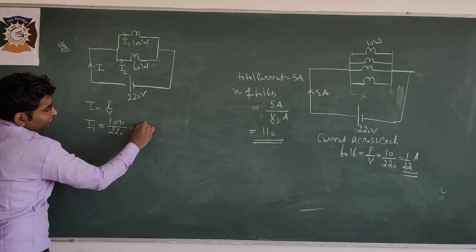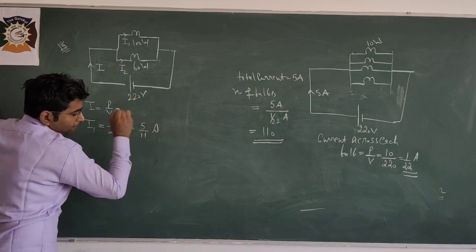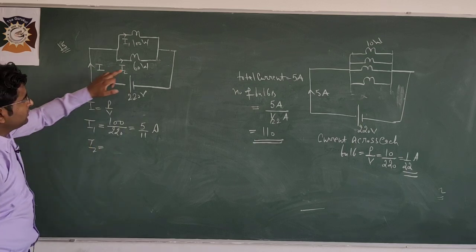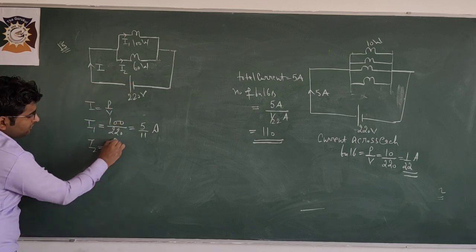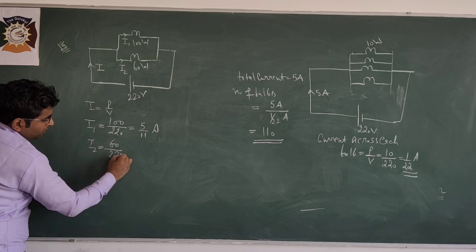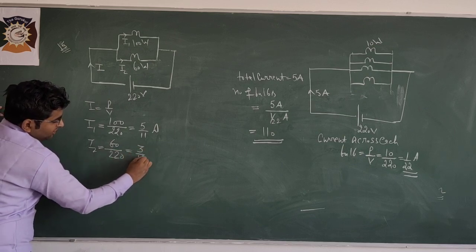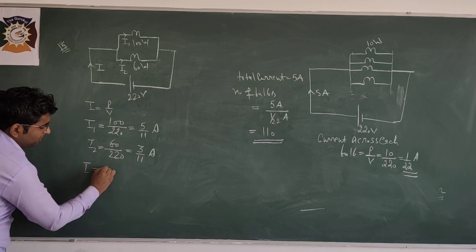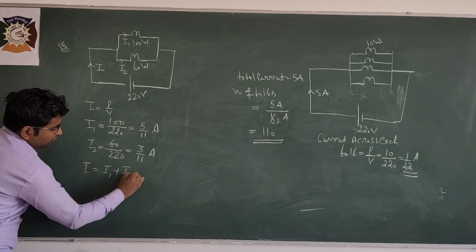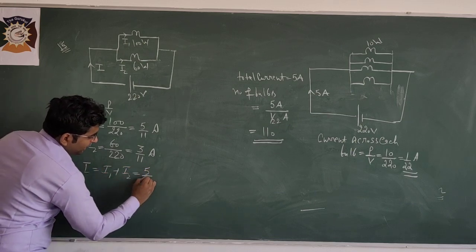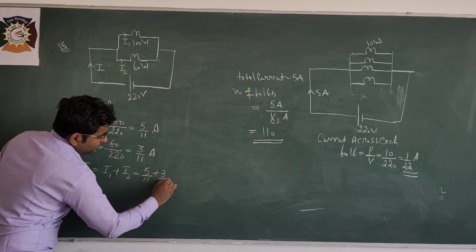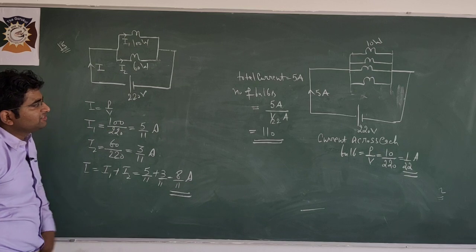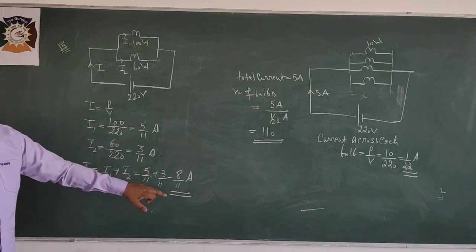It will give 5 by 11 ampere. I2 is equal to 60 upon 220. It will give 3 by 11 ampere. Total current is equal to I1 plus I2. It will give 5 by 11 plus 3 by 11, 8 by 11 ampere. So the answer is 8 by 11.